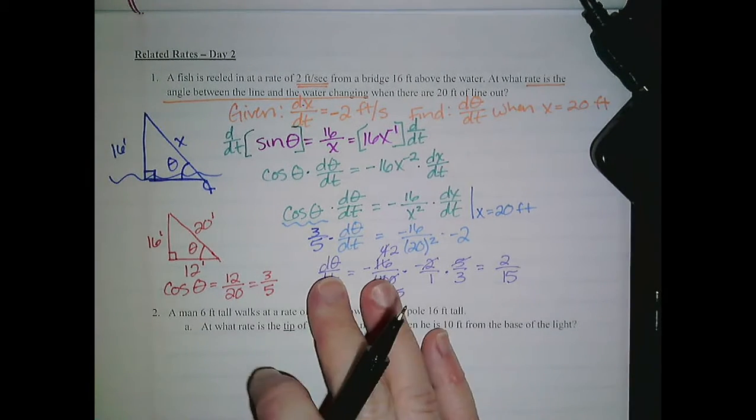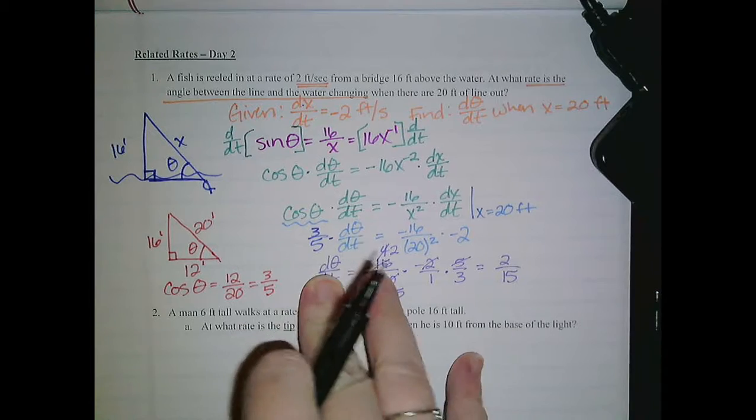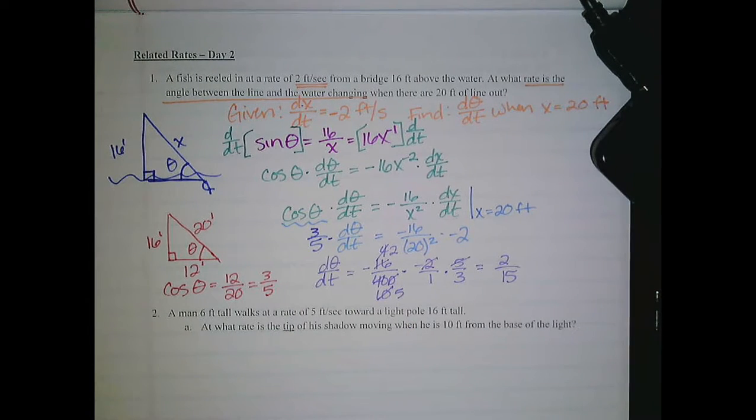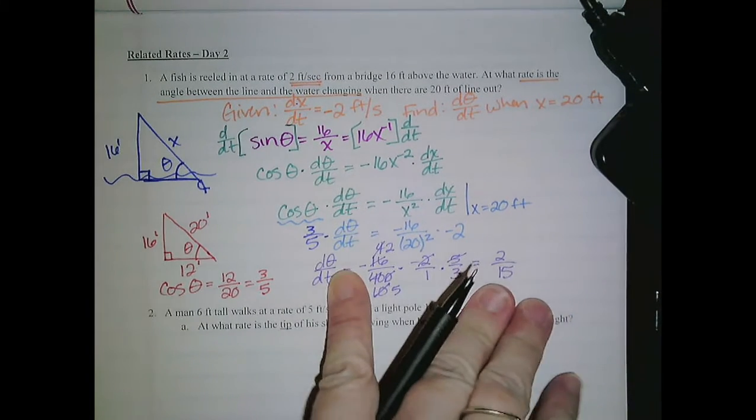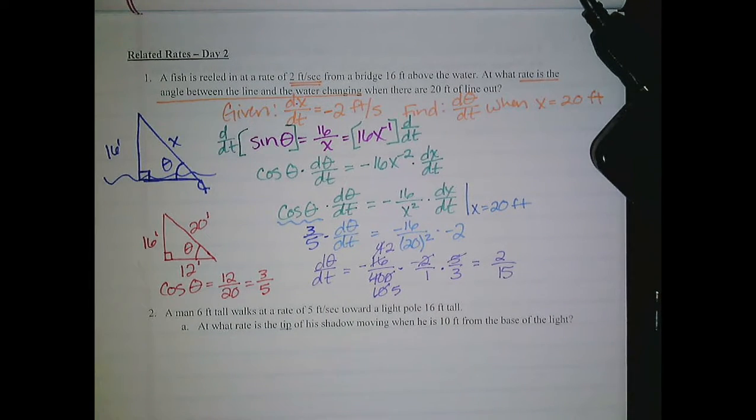When you're dealing with angles in related rates problems, we are always going to be coming up with units where the angle is going to be measured in radians. There is a really good reason as to why that is, but it's a little bit beyond the scope of this class and it's kind of difficult to follow.